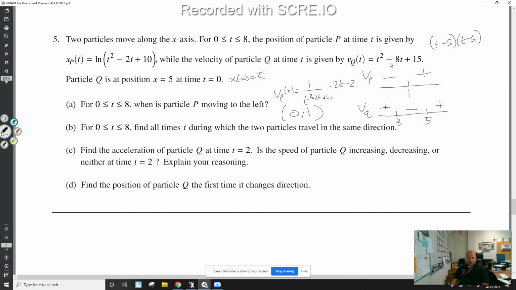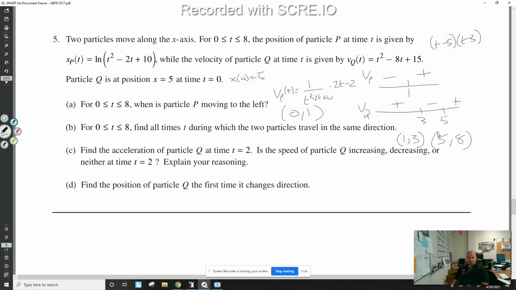Sign analysis. 3 and 5 is to the right of 1. I'm just used to two things surrounding. 3 and 5: positive, negative, positive. So 0 to 1, no. 1 to 3, yes. 3 to 5, no. 5 on, yes. So 1 to 3, and then 5 to 8.